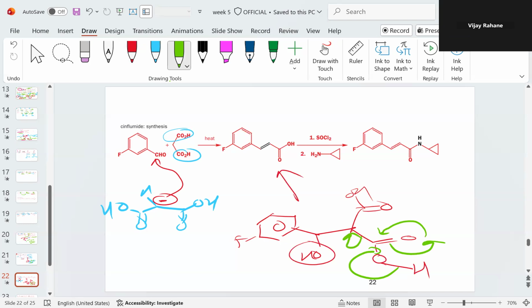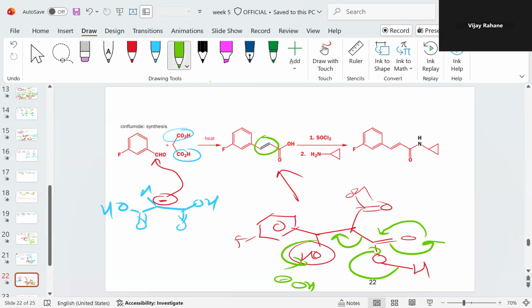Once this bond goes here, it forms an anion at this center, or directly it can move, so this bond goes here, the hydroxyl group gets eliminated as OH negative, and we get this double bond in the product as shown here. So that's what we get in this reaction.